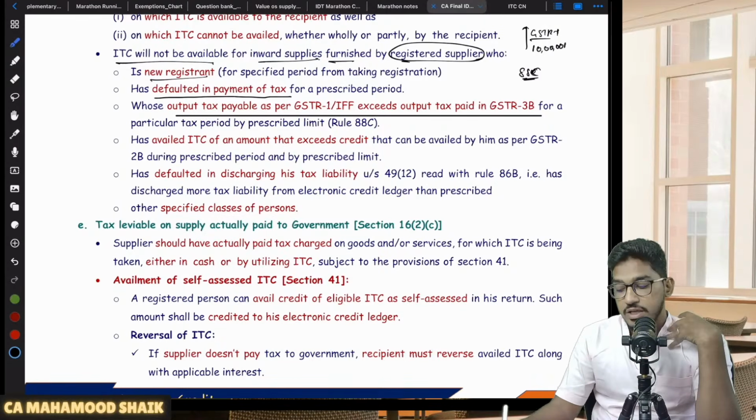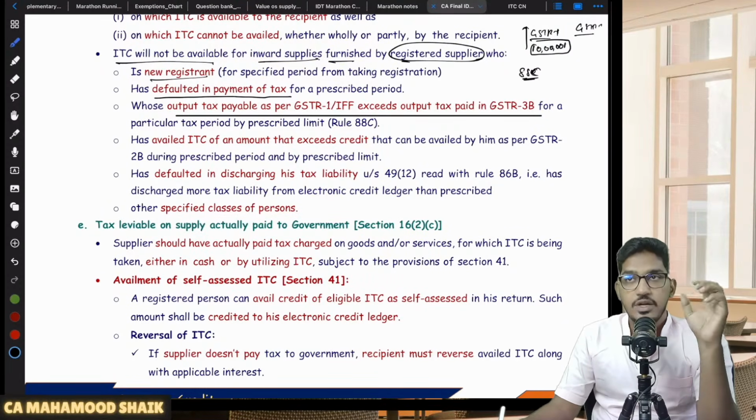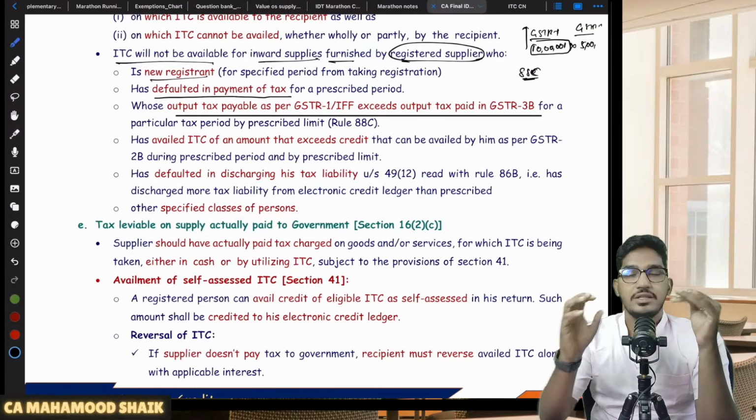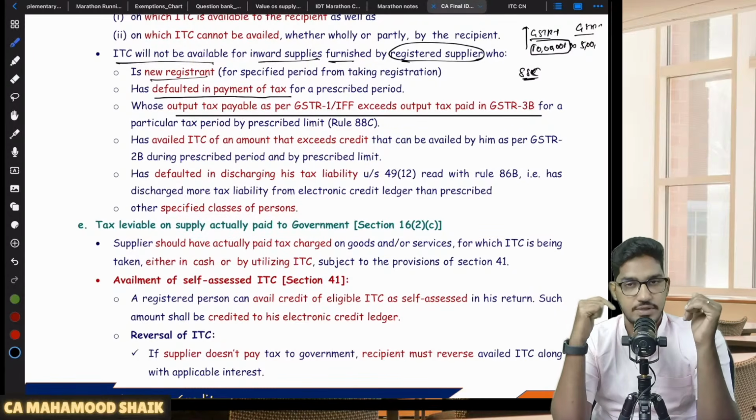So that's what he is doing in his GSTR 1. He is showing a total of 10 lakh rupees of outward supplies. But when filing his GSTR 3B, where the actual payment of GST will happen, instead of 10 lakh rupees, he is showing his outward supply as 5 lakh rupees only. So he is declaring more outward supplies in his GSTR 1 so that he can pass on the credit, but in his GSTR 3B, he is declaring less outward supplies.